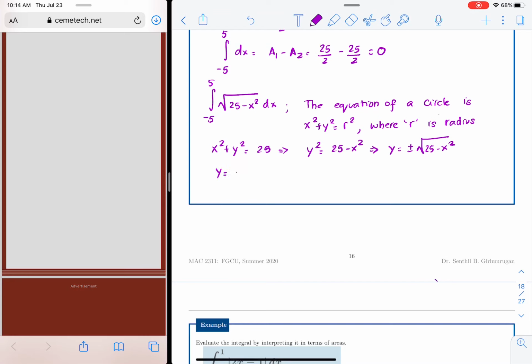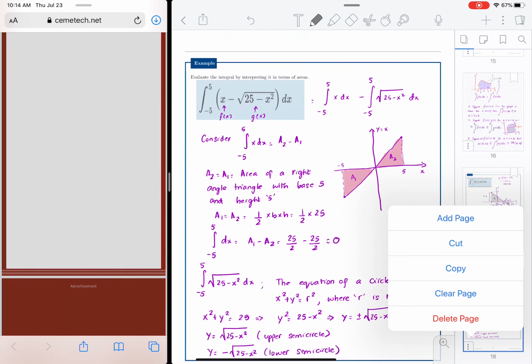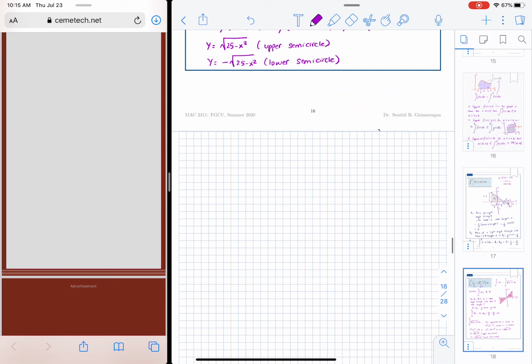Y equaling the square root of 25 minus x squared would be the upper semicircle, and y equals minus the square root of 25 minus x squared would be the lower semicircle. Now, we are only concerned about the upper semicircle, so let's go ahead and draw that out.